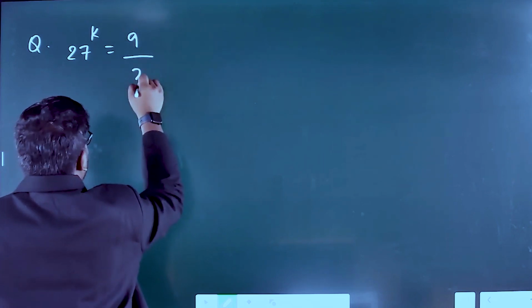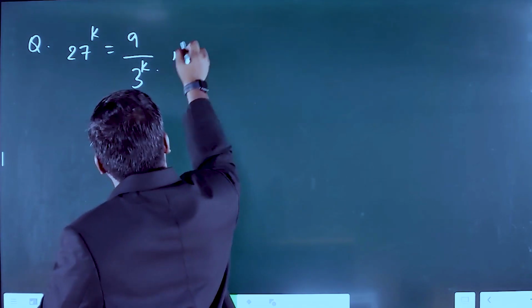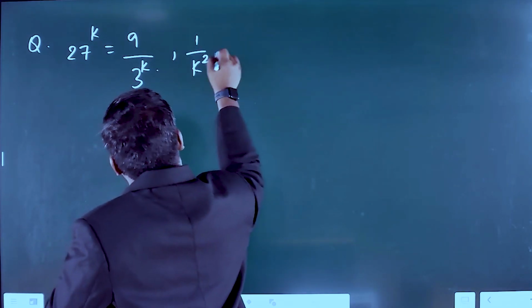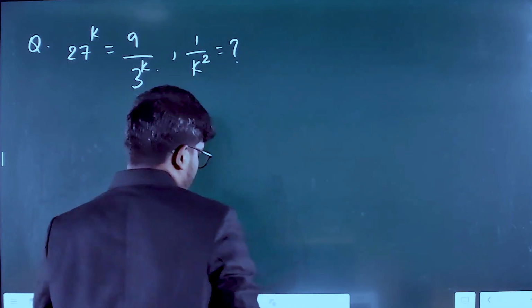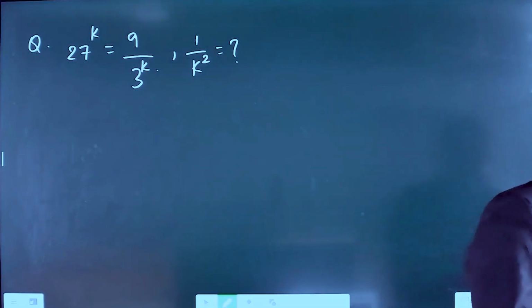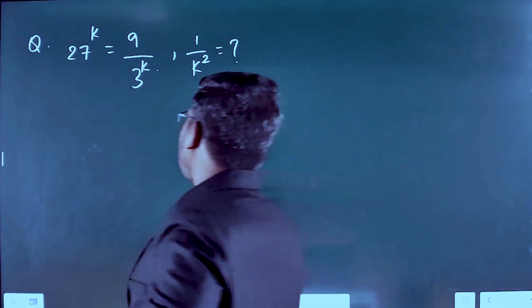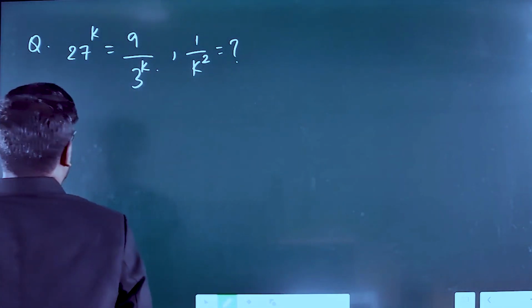Now we are supposed to find the value of 1 by k square. You can try this. Alright, like many of you have got, the answer is 4 indeed.